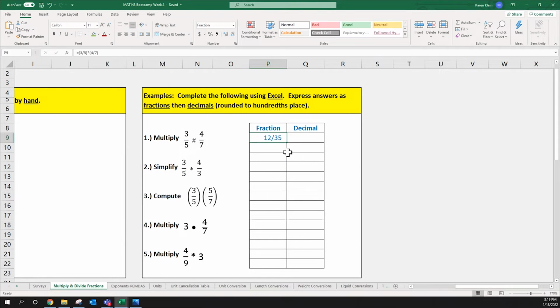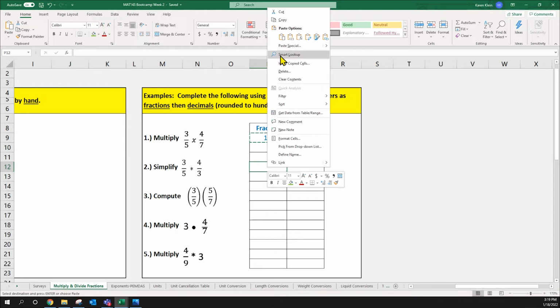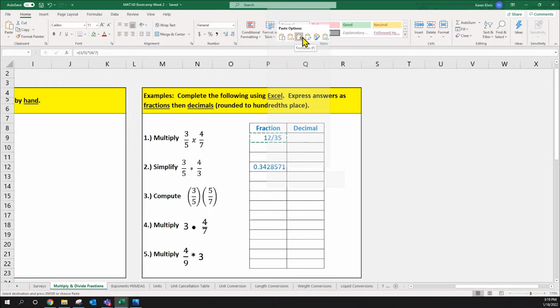Now, if I want to copy this particular format, I can right click and say copy, and I'm going to use it here for the next one, and I can just paste the formatting. So you'll notice that here I have an option for formatting. I'm just going to paste that here.